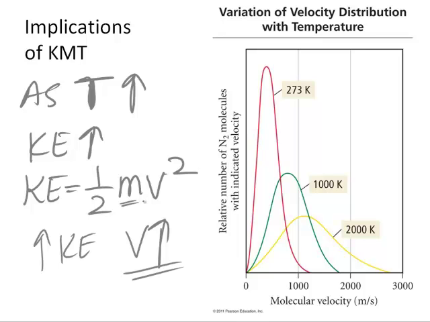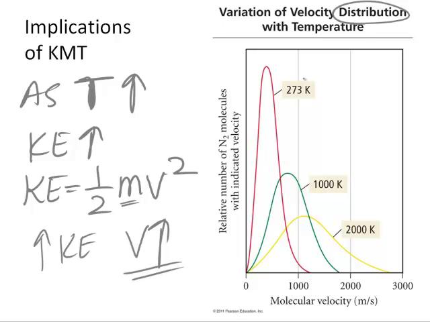So here we have the distributions of velocity for nitrogen at various temperatures. And notice that we do have to say that it is a distribution. At a given temperature, not all of the nitrogen molecules have the exact same kinetic energy and therefore the exact same velocity. They have a distribution, and actually it's called a Boltzmann distribution.